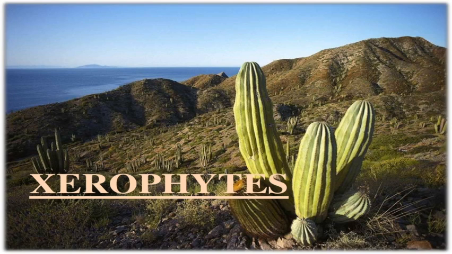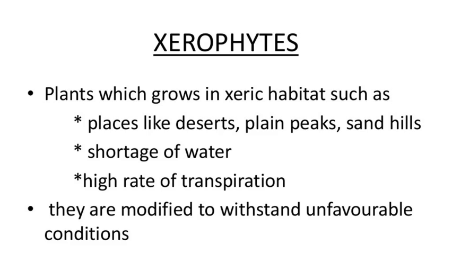Percolation of water in sandy soil results in xerophytic vegetation. They are modified to withstand unfavorable conditions. Xerophytic plants mostly grow in deserts, alpine peaks, sand hills, where there is scarcity of water.